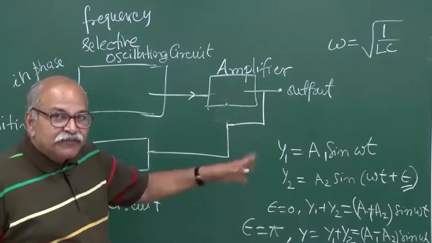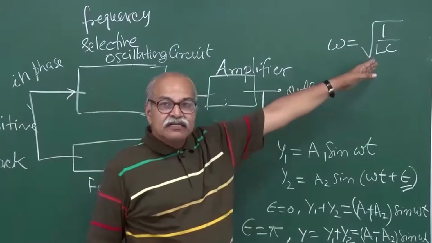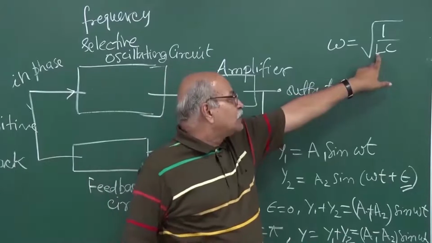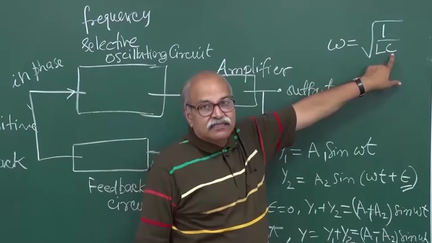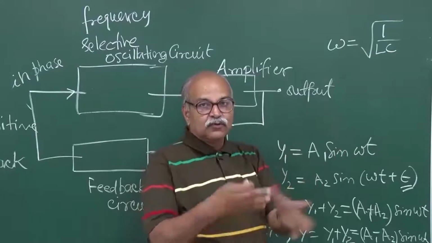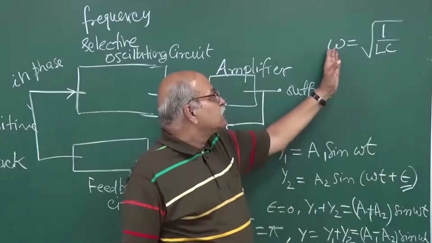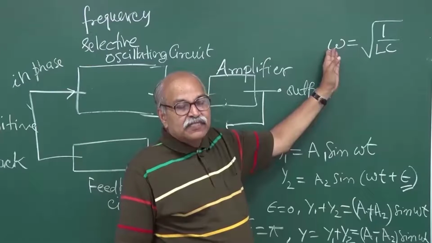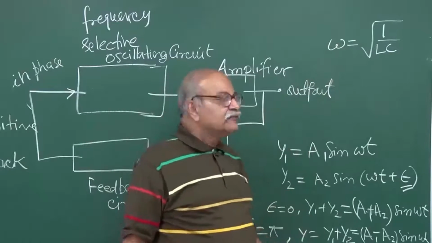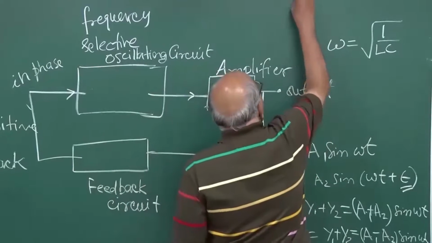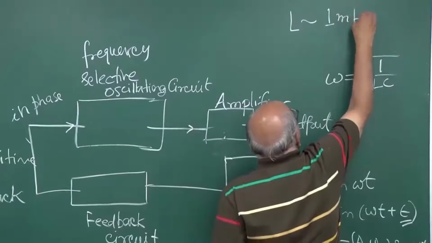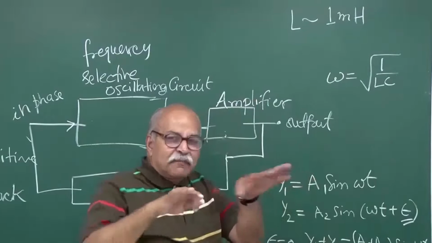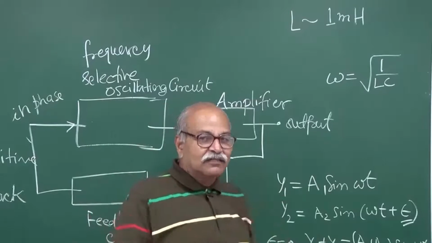So typically, if you look at this expression and use the commonly available inductors and capacitances, and you put those values, then you can see that this omega, or this frequency, will be in the kilohertz region. For example, L, inductor, say let's say 1 millihenry. That's the kind of typically of that order.